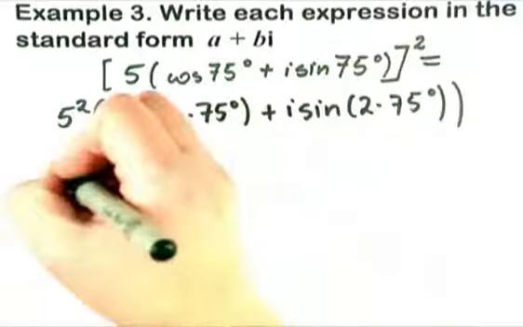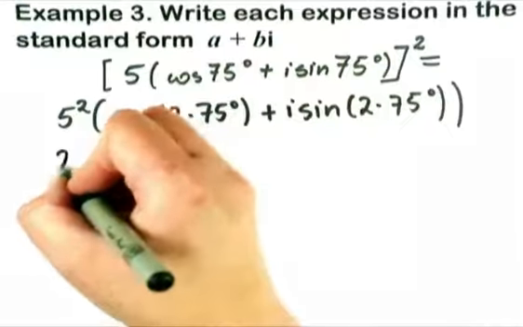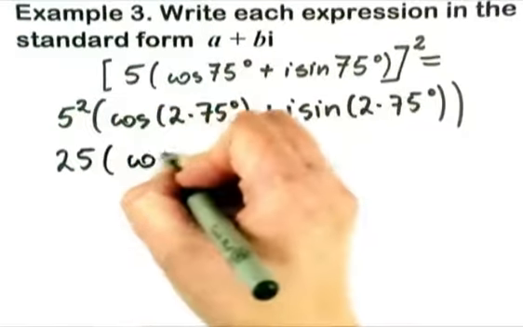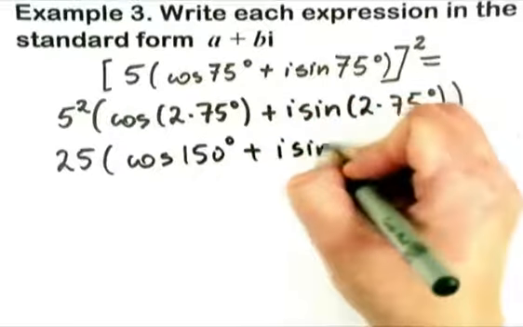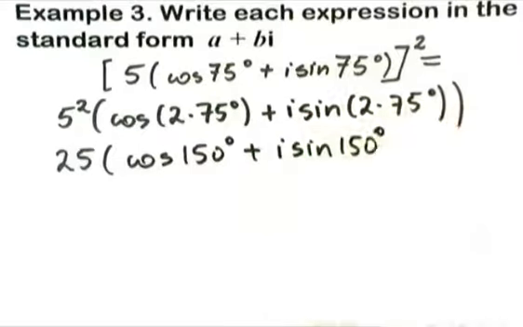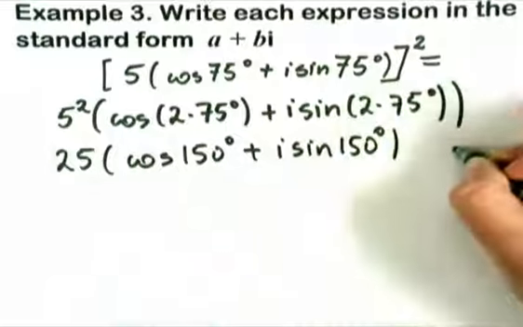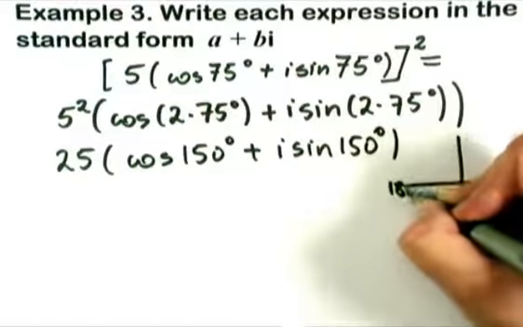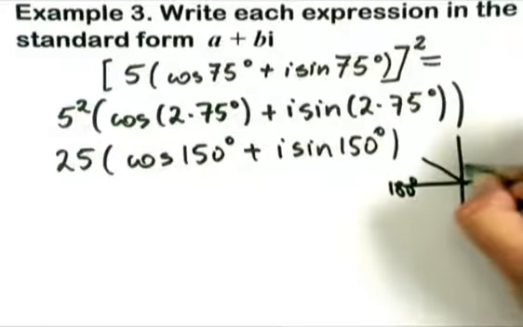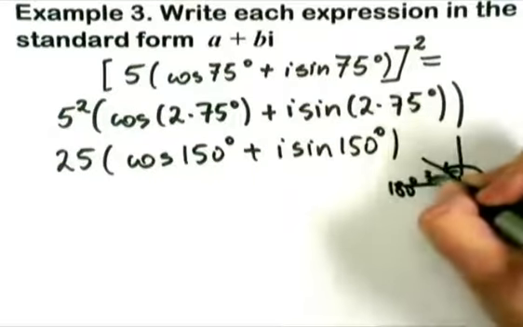So this is equal to 5 to the power 2 is 25 times cos 150 degrees plus I sine 150 degrees. As before, we need to find the angle 150 degrees. So here is 180, 150 right here. The reference angle is 30 degrees.